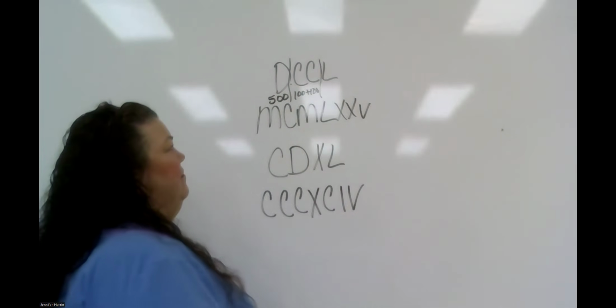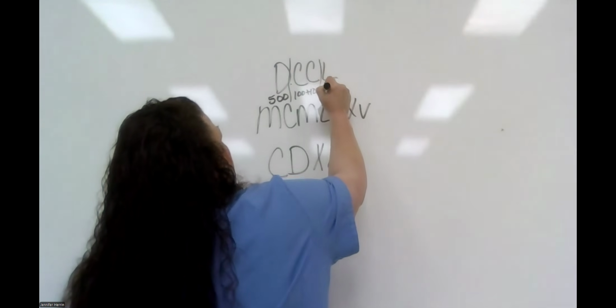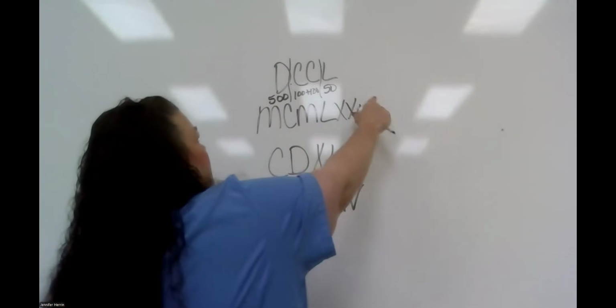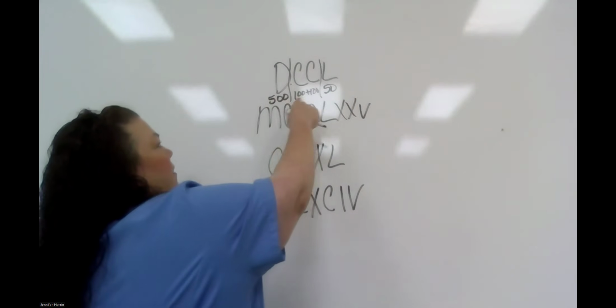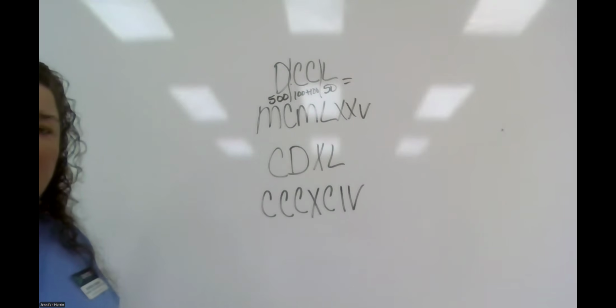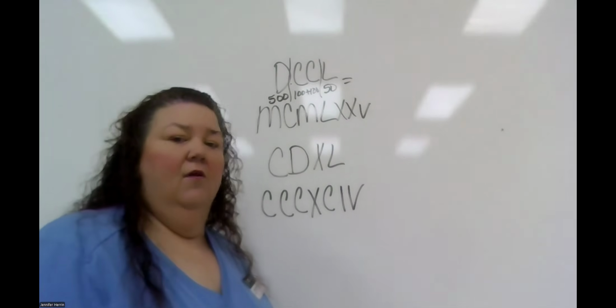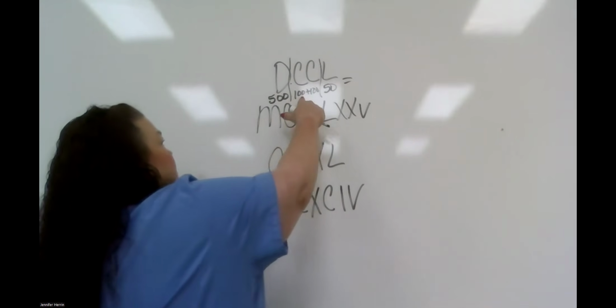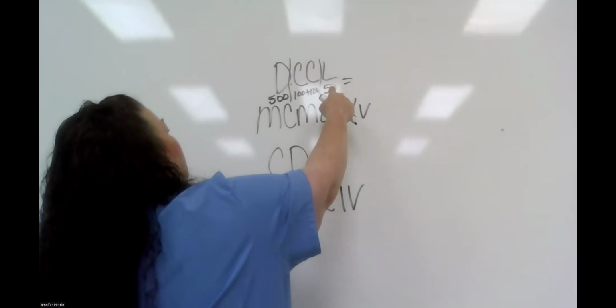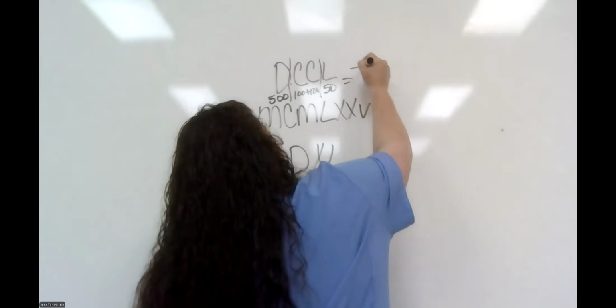And what is the L? Hopefully you remembered that it is 50. Now, all of these numbers, right, they start with a big number and they sequentially decrease. So I don't have to do any subtraction with these. I can just add them together. 500 plus 100 is 600, plus 100 is 700, plus 50 is 750.